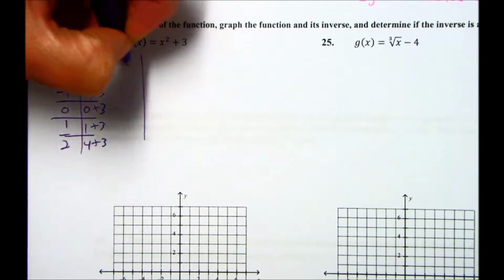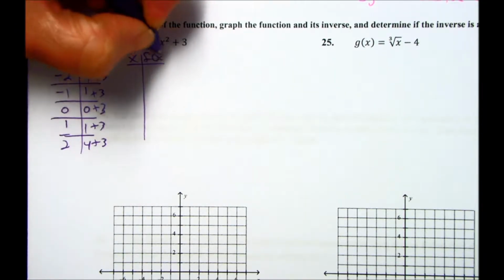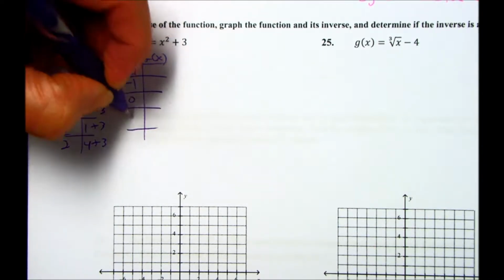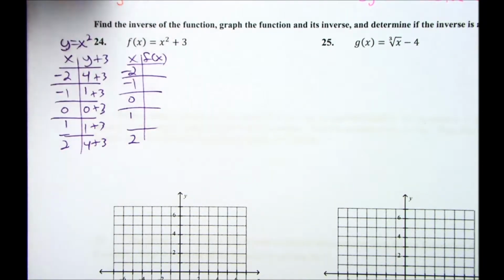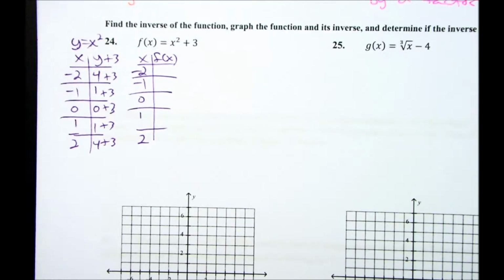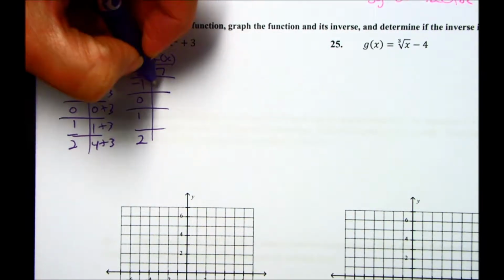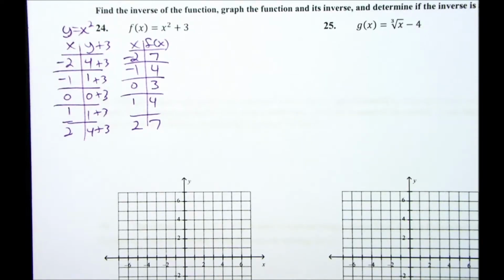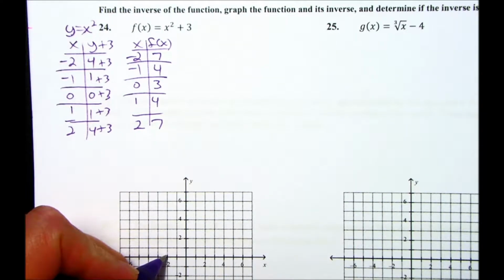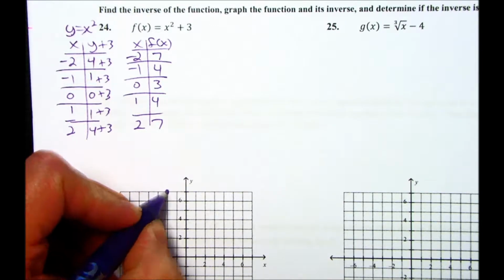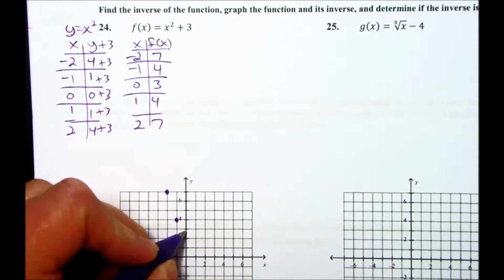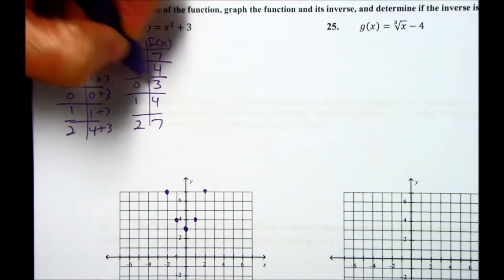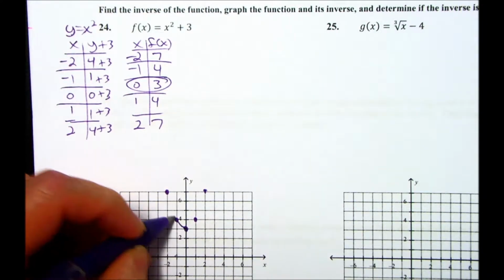The table for f of x would have the same x values, but your y values would be 3 units higher than each of the ones in the parent. So we would have 7, 4, 3, 4, and 7. If I graph that, -2, 7 is going to be right here, -1, 4, 0, 3, 1, 4, and 2, 7. So 0, 3 being our vertex.